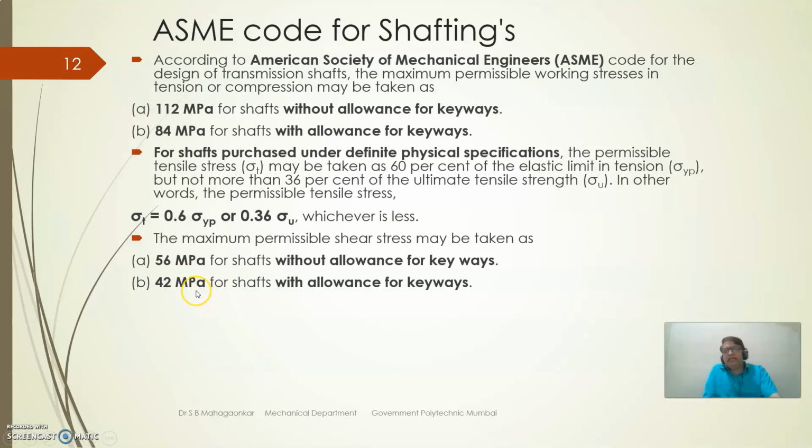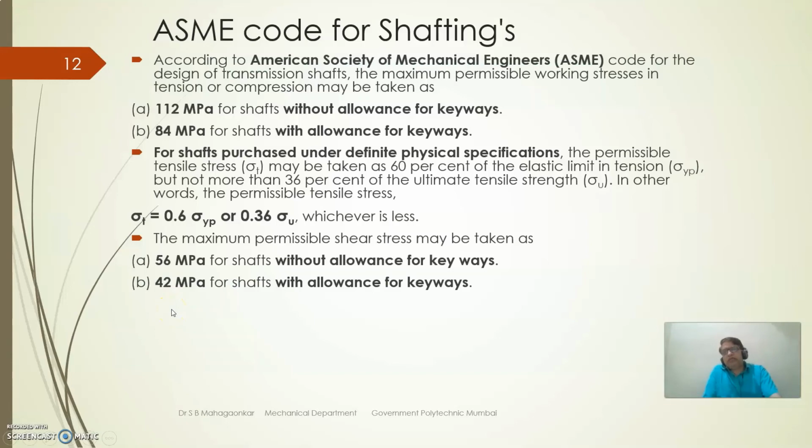If a keyway is there in the shaft, then the strength becomes less, so we have to give more allowance. That's why it should be designed for 42 MPa. So 42 MPa is for with keyway, and 56 MPa is for without keyway, for assuming allowable shear stress.